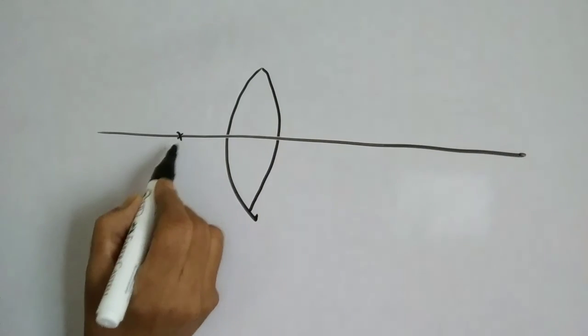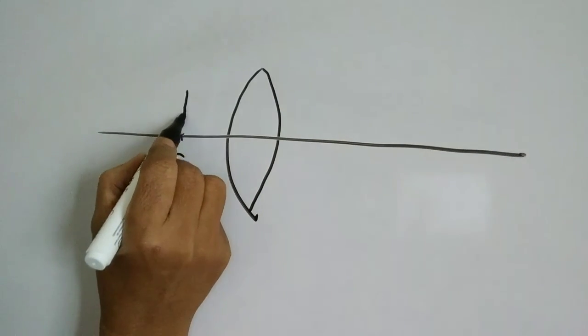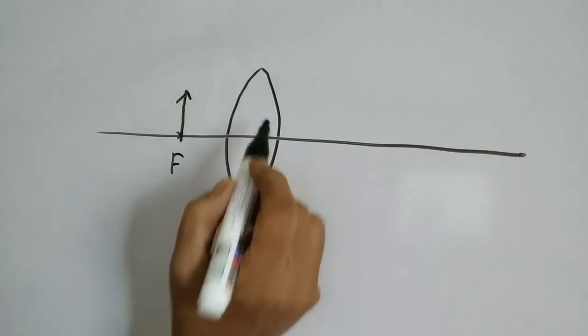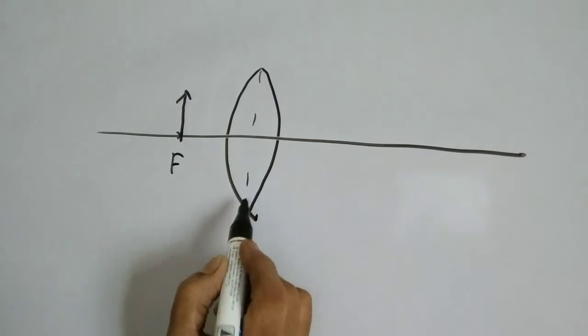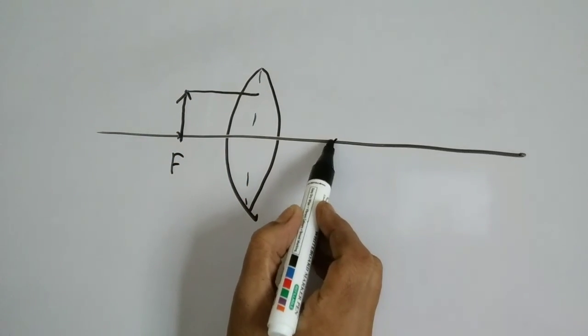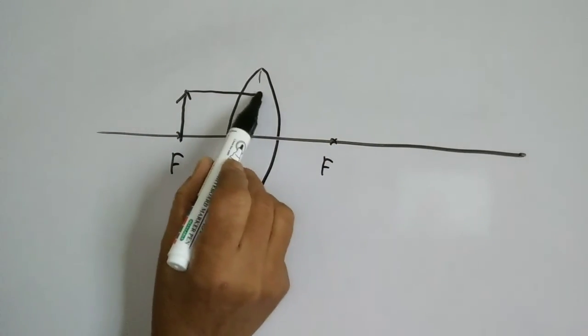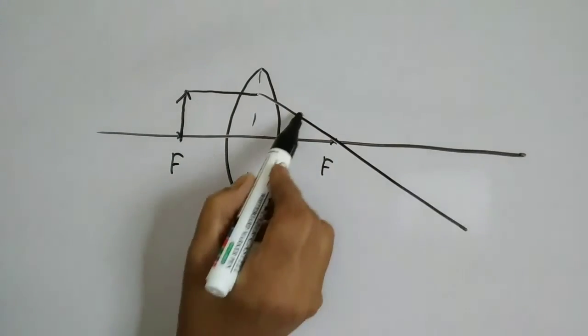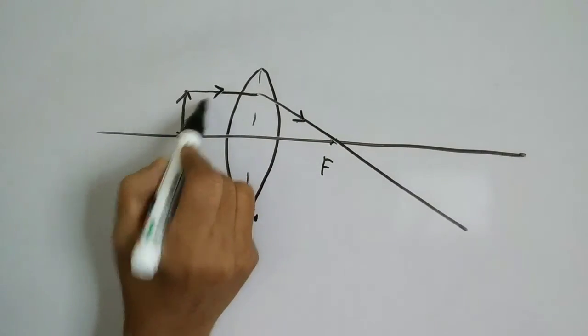Principal axis, focus, object is at F. The ray parallel to the principal axis, after refraction, passes through F.